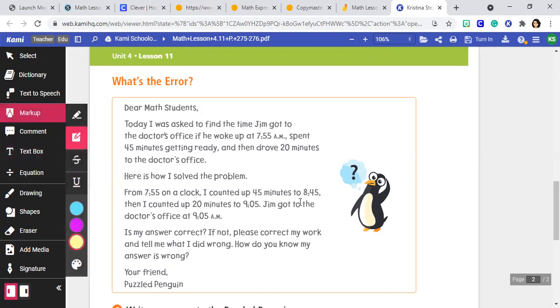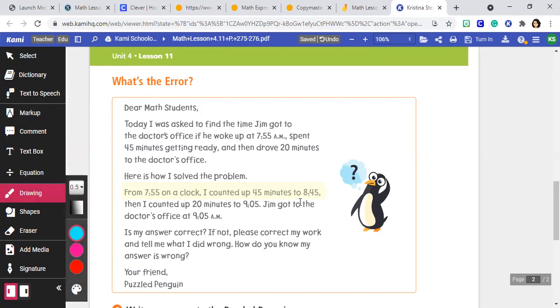He said it's 8:45, but I think that's incorrect. It would only be 8:45 if he started at 8 o'clock on a clock. It should actually be 8:40 if he counted up. And so if you counted up 20 minutes from that, it would actually be 9 o'clock.